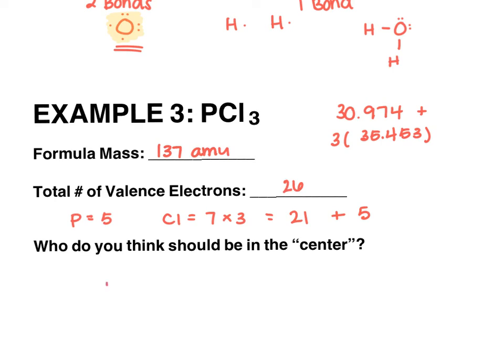Now I want to find which one would be the center. So I draw my electron dot structures, and now I'm going to see which one has the most unpaired electrons. In this case, it will be my P, because I can form 3 bonds where my chlorines can only form 1 bond.